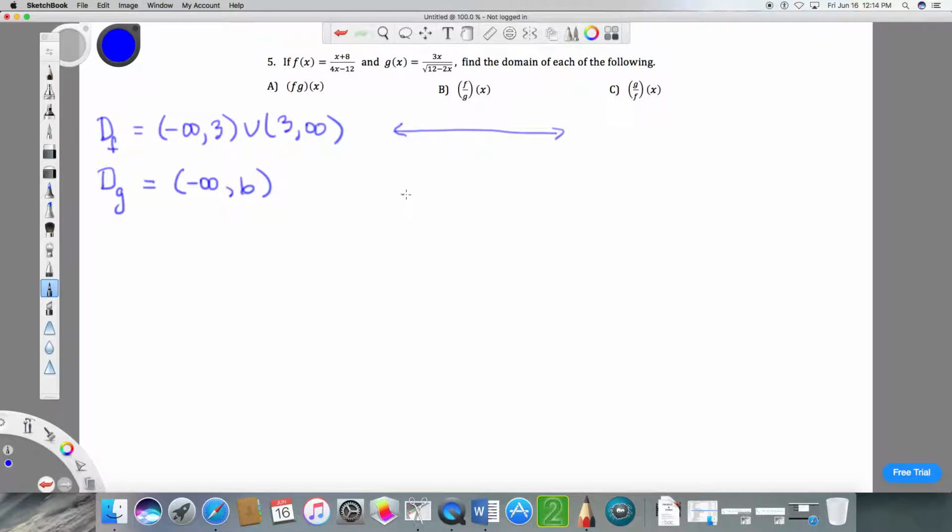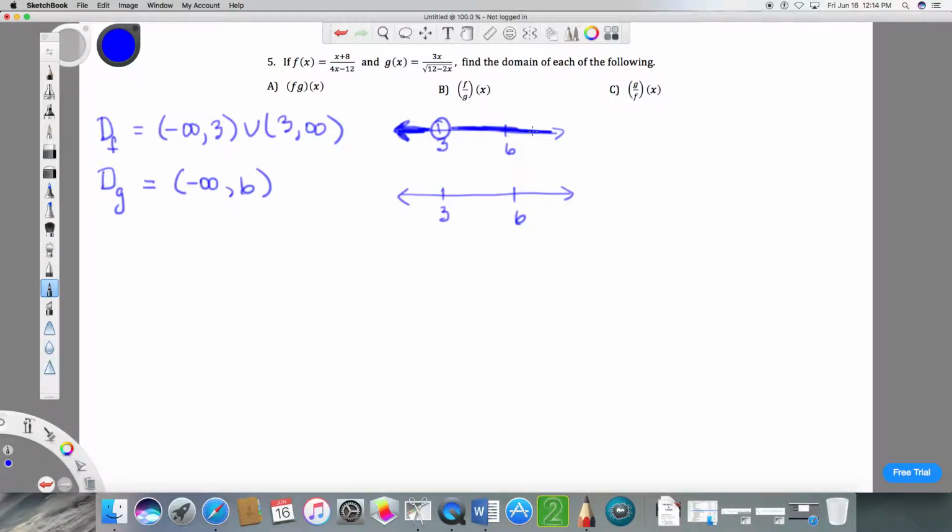With enough practice, eventually you'll be able to do it maybe without drawing the pictures, but I think the pictures help. So we've got 3 and 6 that are points of interest. And up here we're excluding the number 3. And it's a set of all real numbers except that 3.